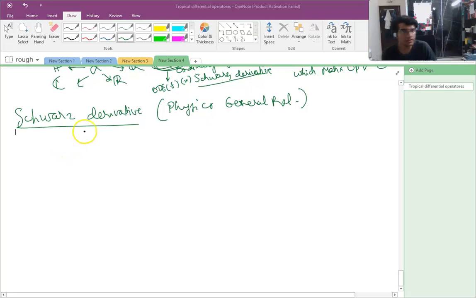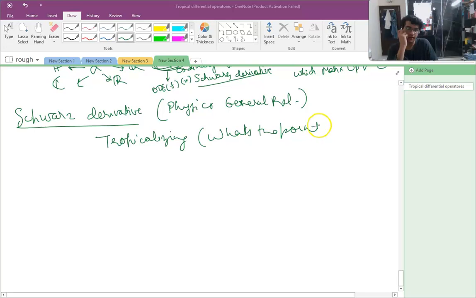So a little bit on the usefulness of tropicalizing something. We're going to be talking about what's the point, and this has to do with its roots. Tropical geometry is a subfield of something called algebraic geometry.